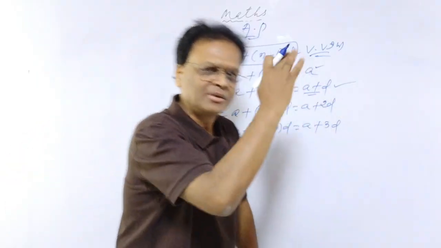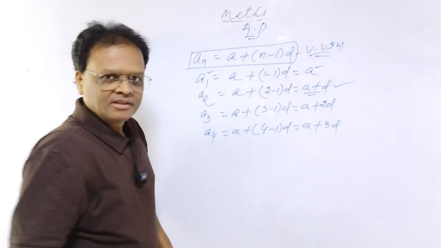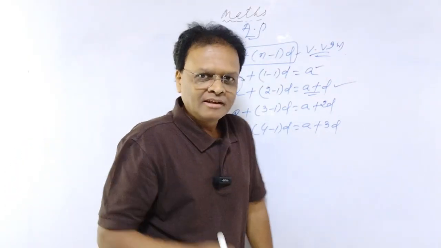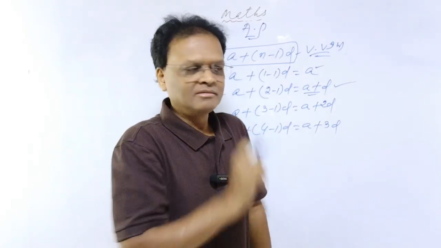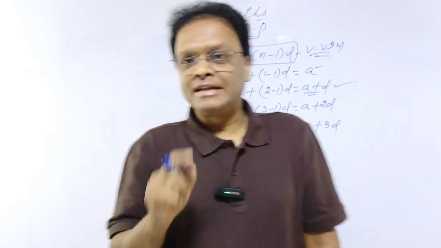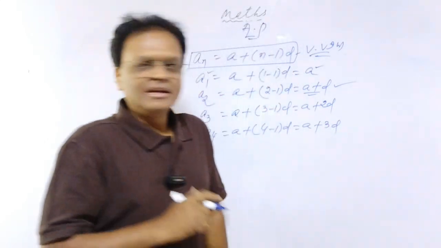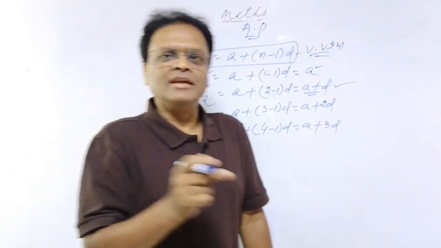Similarly, we can find any number of terms. a1 is a, a2 is a plus d, a3 is a plus 2d, a4 is a plus 3d. Now you tell me, the fifth term a5 is a plus 4d. The 10th term a10 is a plus 9d, a11 is a plus 10d, a20 is a plus 19d.